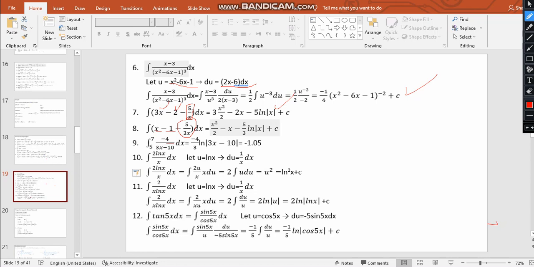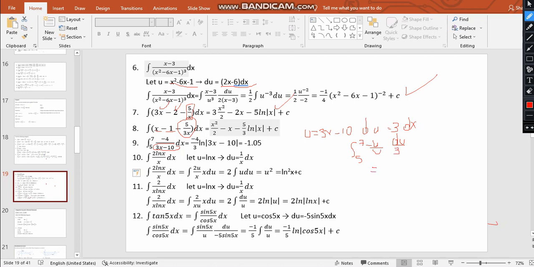Here let u equal 3x minus 10. If u equals 3x minus 10, so du equals 3 dx. You can do it directly anyway. So it's the integral from 5 to 7 of minus 4 over u, and dx is du over 3.